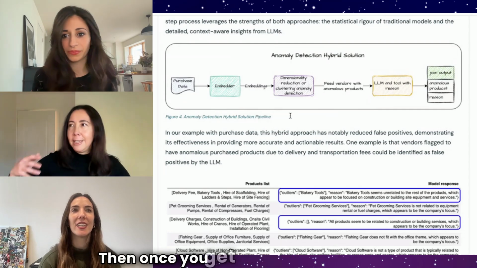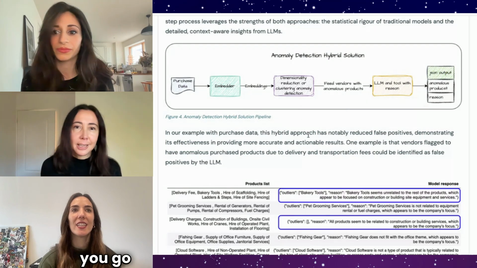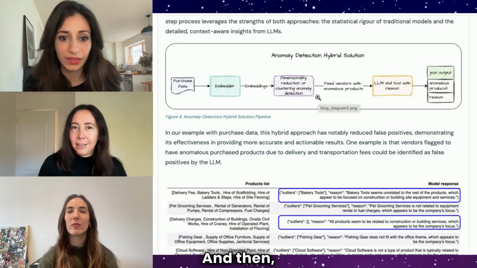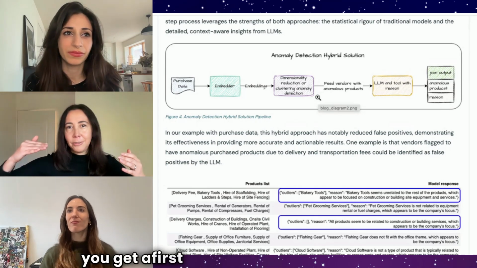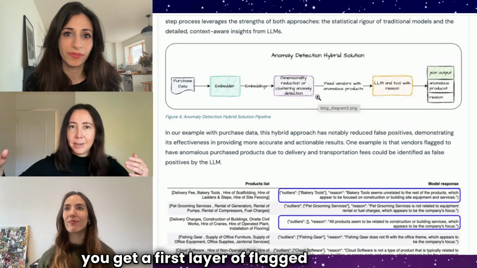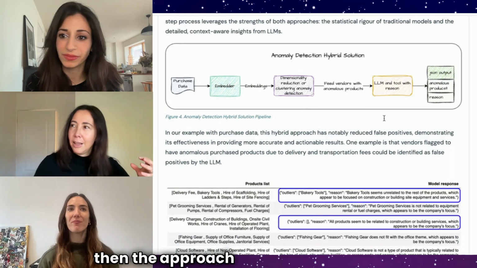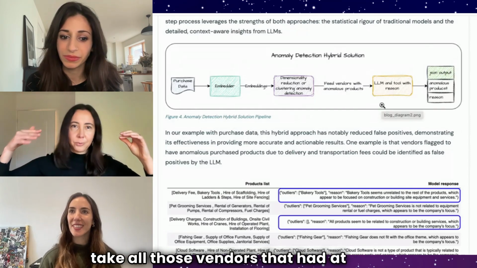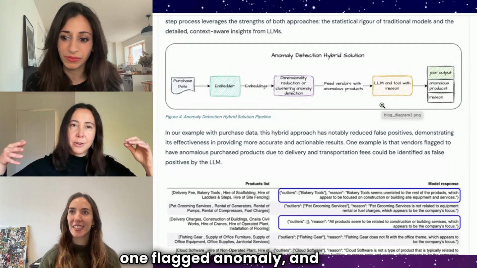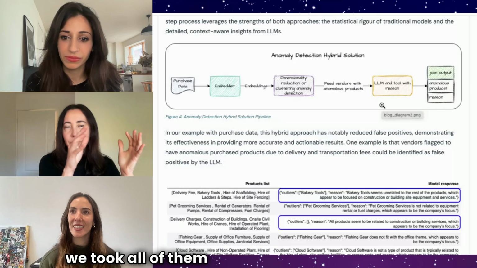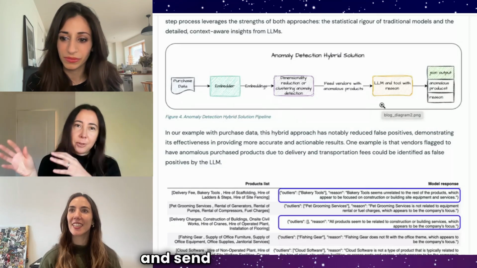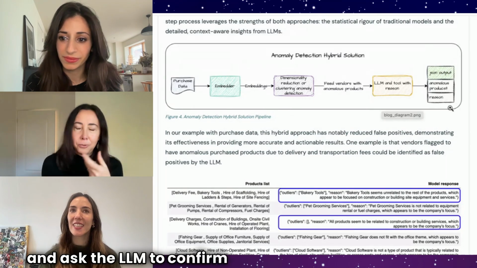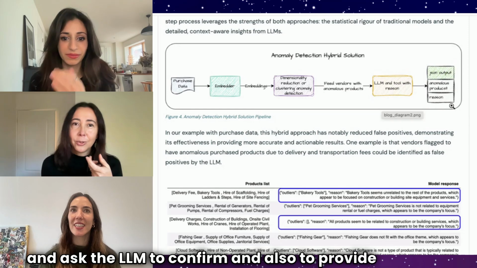Once you get your embeddings, you go through your classic ML algorithm, and you get a first layer of flagged anomalies. The approach we took was to take all the vendors that had at least one flagged anomaly, take all of them with their unique products, and send them to the LLM, asking it to confirm and also to provide a reason.